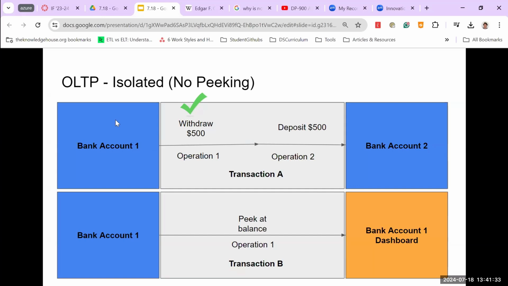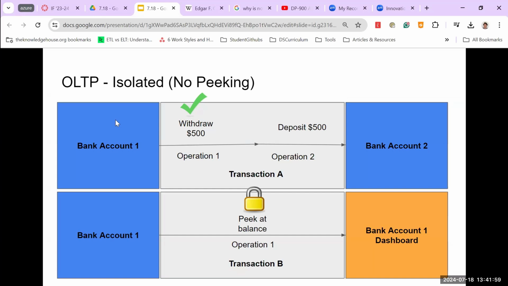Now, let's say this transaction began, transaction A, where we send $500 from one bank account to another. So we start operation one, but at the very instance when we're about to go to operation two, transaction B attempts to peek at the balance. However, because transaction A is not done yet, we basically lock it away from peeking at the balance.